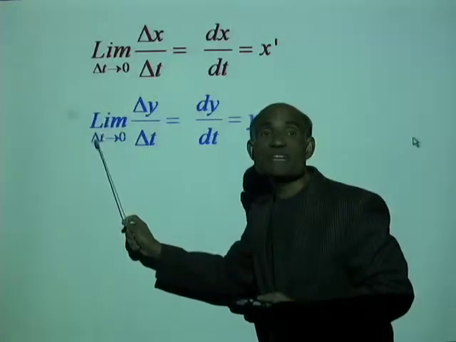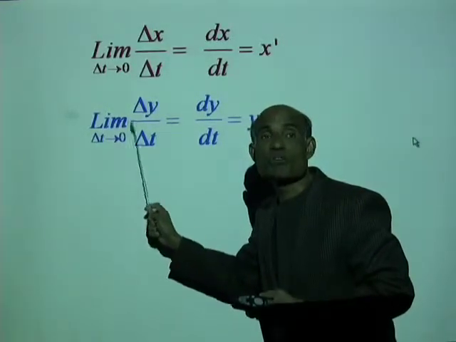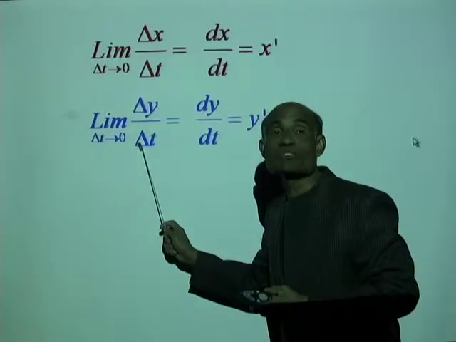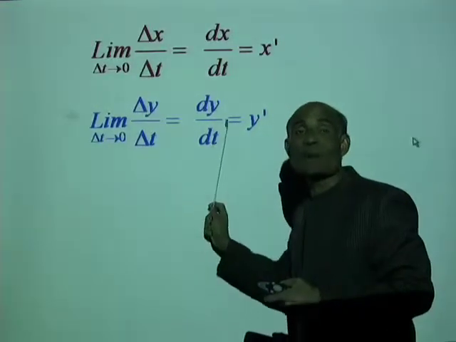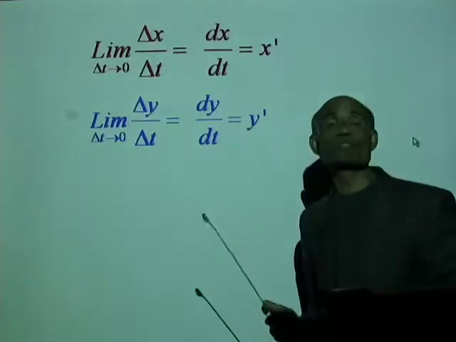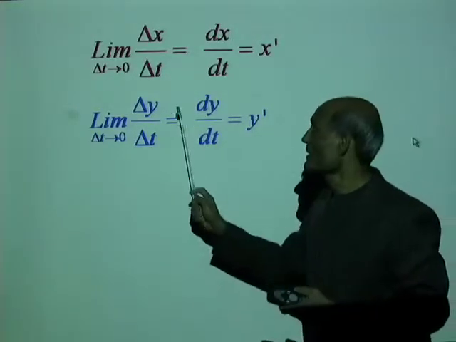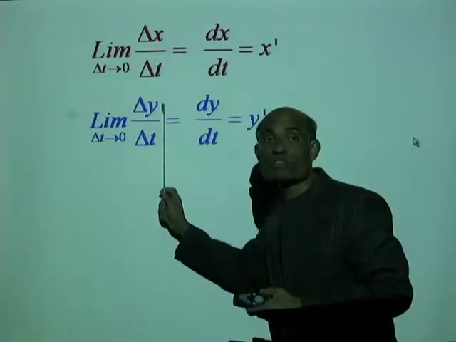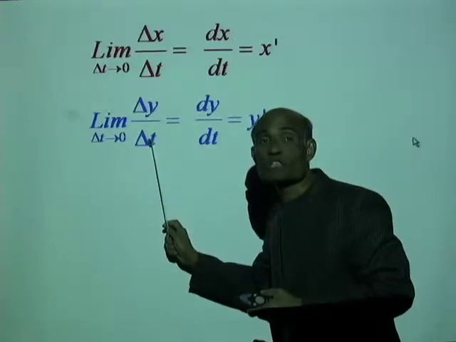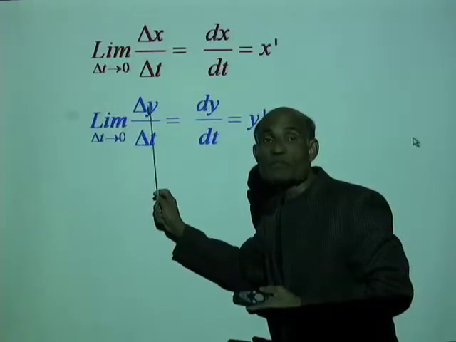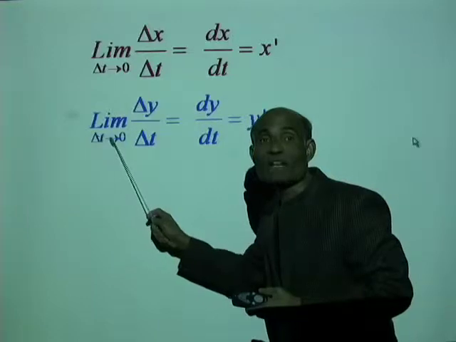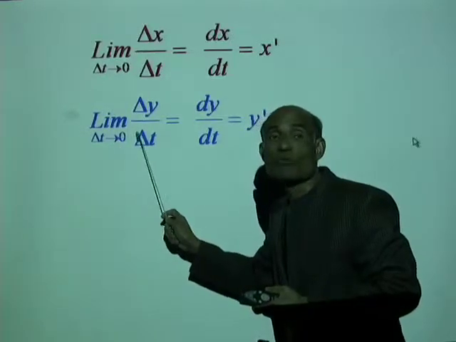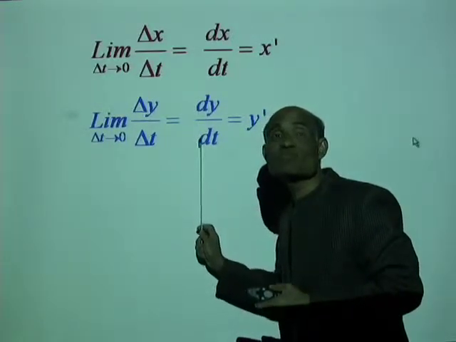Similarly, limit delta t approaches 0, delta y by delta t is dy by dt, and we also write it as y prime. The average rate of change of y with respect to t, the limiting value of that when delta t approaches 0, becomes the instantaneous rate of change.